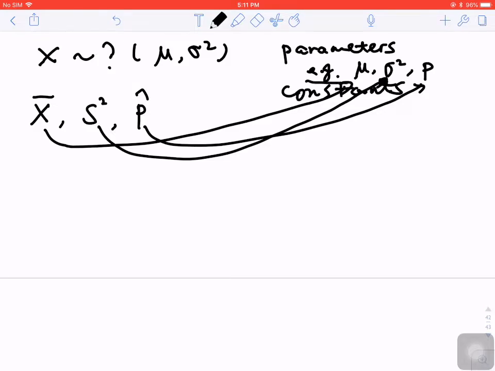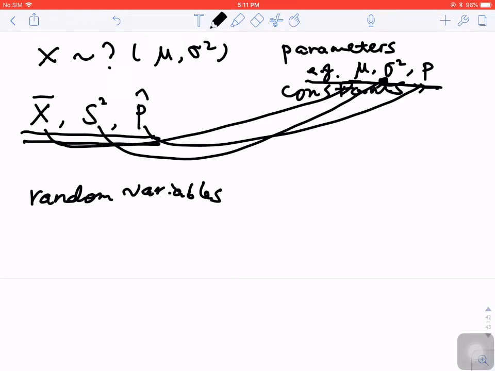Unlike those parameters, our sample statistics are not constants, right? They are random variables. Those parameters are not random variables, they're constants, but the sample statistics that we're going to use to estimate those parameters are random variables. Since they're random variables, they will have their own distributions, right?